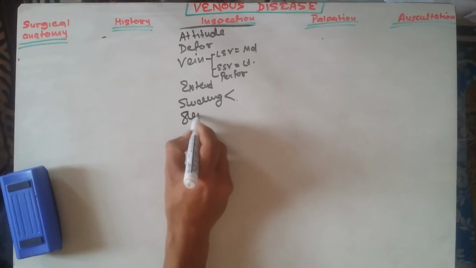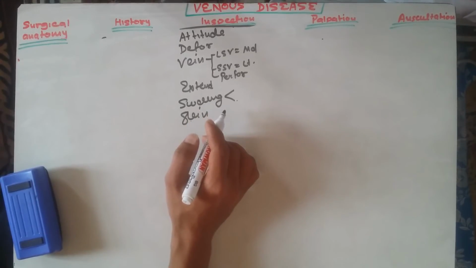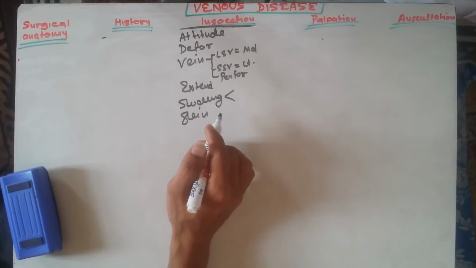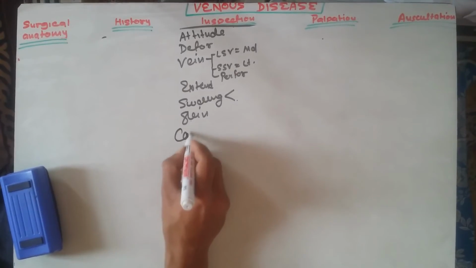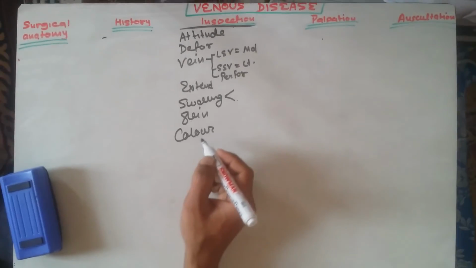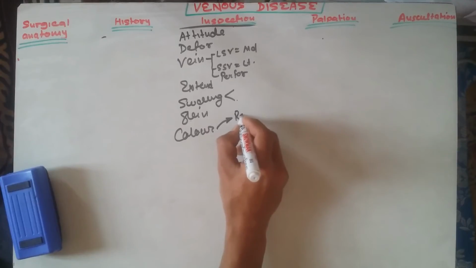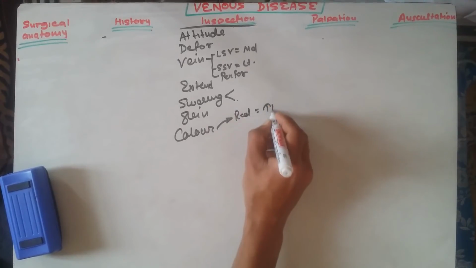We will also look at the skin overlying the varicose vein or the limb, and then we will look for the color around the swelling. Usually local redness is due to the peripheral thrombophlebitis. If there is just the inflammation, then it will be red thrombophlebitis.